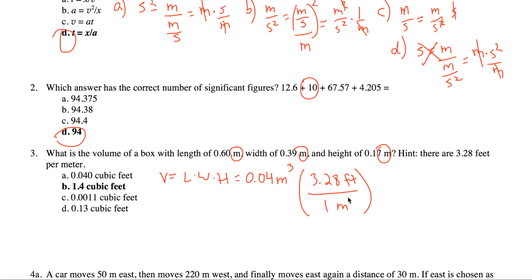But the only way to cube this one is to cube the feet as well, and to also cube the coefficients. So we have to cube everything, and that will allow us to cancel out our meters cubed here. We'll be left with feet cubed, so the final answer will be 0.04 times 3.28 cubed, which will give us about 1.4 cubic feet.